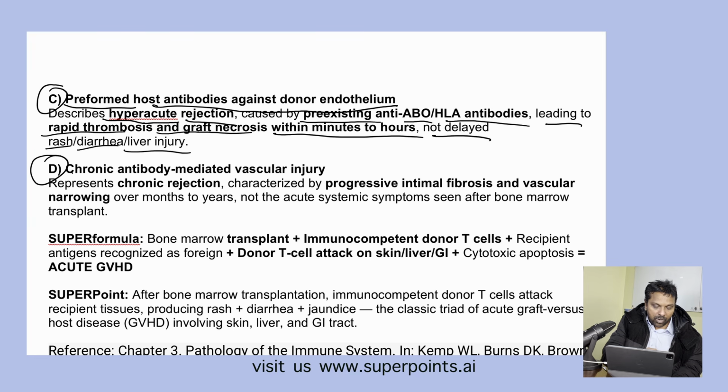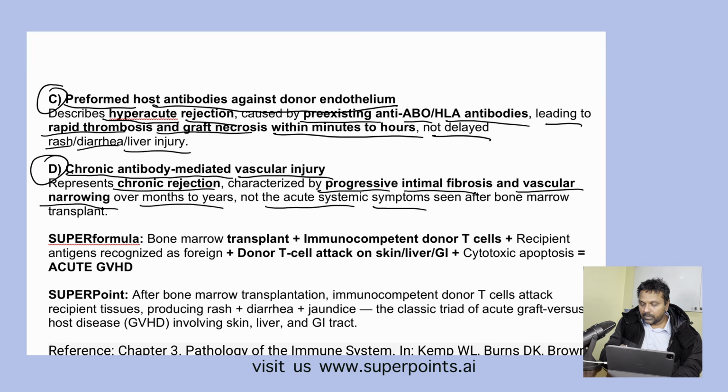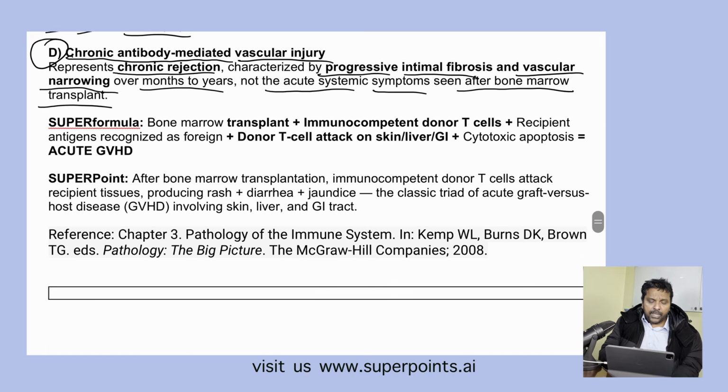What about D? Chronic antibody-mediated vascular injury represents chronic rejection, characterized by progressive intimal fibrosis and vascular narrowing over months to years, not the acute systemic symptoms seen after bone marrow transplant. The super formula is about looking for keywords and going to the diagnosis.